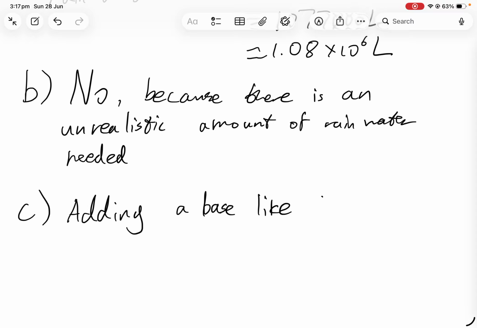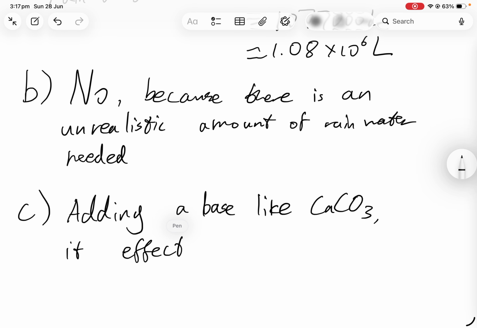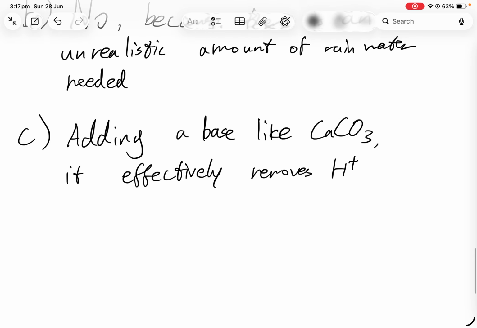like calcium carbonate, it effectively removes H plus ions.